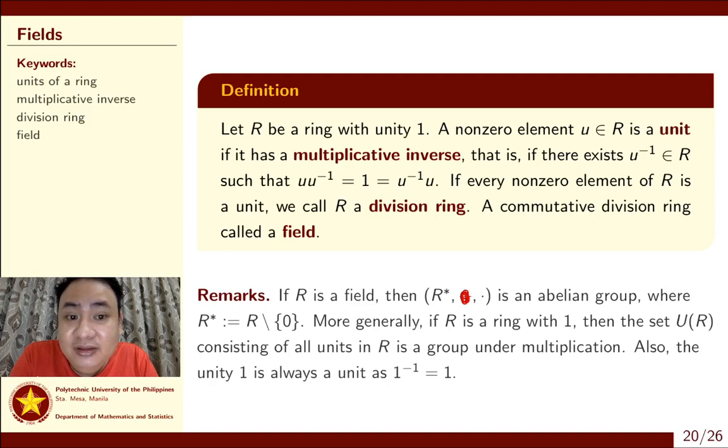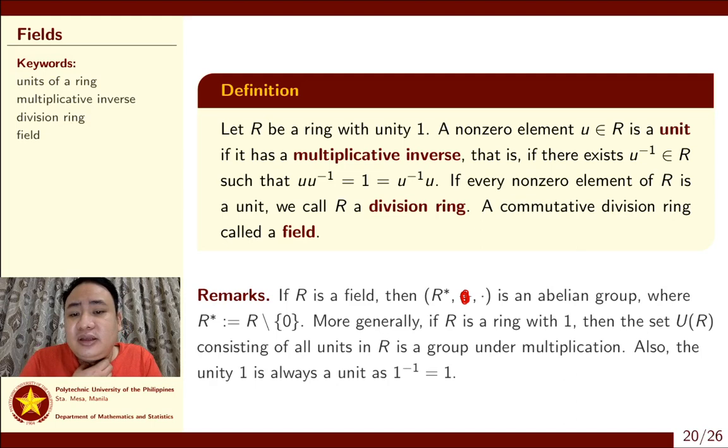Naintindihan nyo ba? Non-zero, hindi kasama yung 0. More generally, if R is a ring with unity 1, if you collect all the units of R, yung mga may inverse, they form a group under multiplication. Sa case ng unang remark, yung lahat kasi na non-zero, di ba?